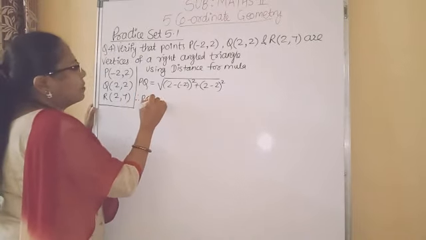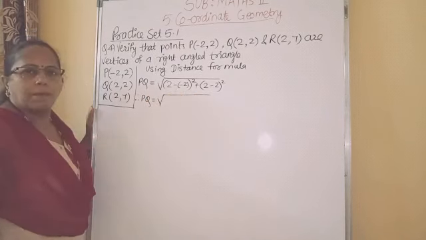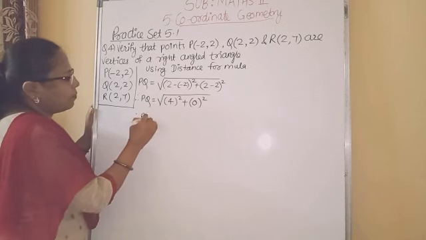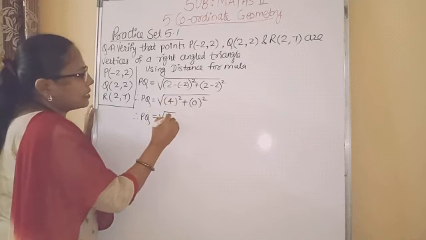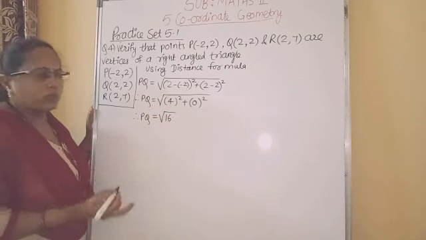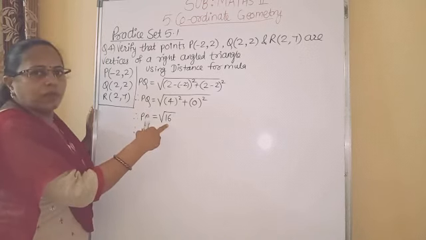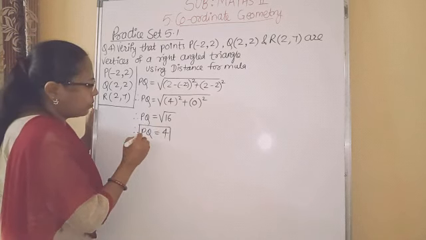Therefore PQ is equal to square root of, minus into minus plus, so here we will get 2 plus 2, 2 plus 2 is 4, 4 square, and here 2 minus 2, 0 square. Therefore PQ is equal to square root of 4 square is 16, 16 plus 0. So we can take out square root of 16. Square root of 16 is 4. So PQ is equal to 4.